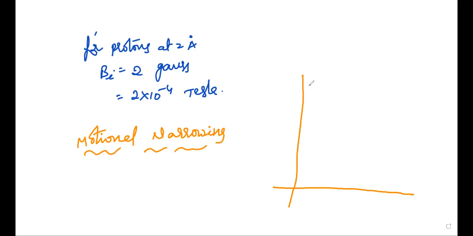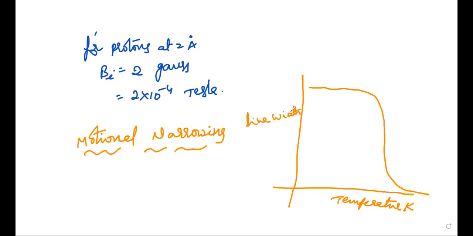In this graph, temperature is along the x-axis, with values 150, 200, 250 and 300, and line width in Gauss for lithium is along the y-axis, going up to nearly 6.